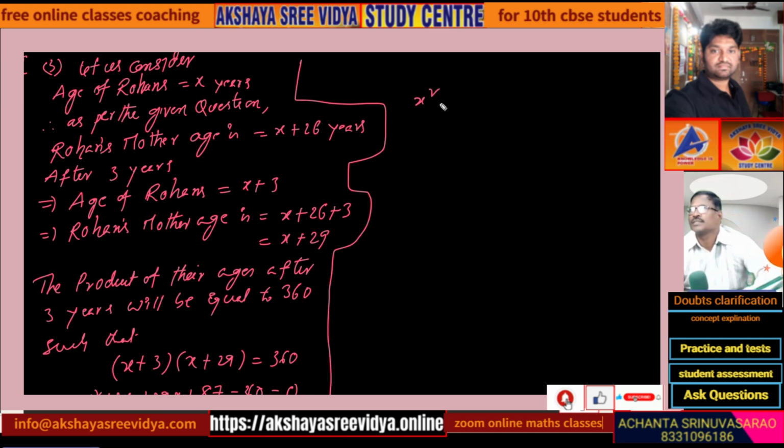Therefore, x square plus 32x minus 273 is equal to 0.